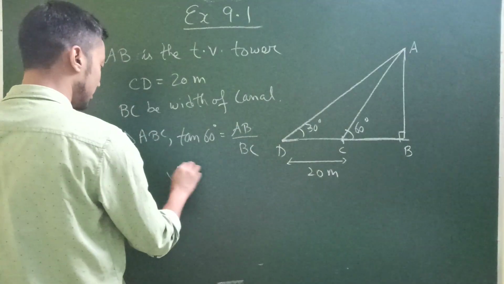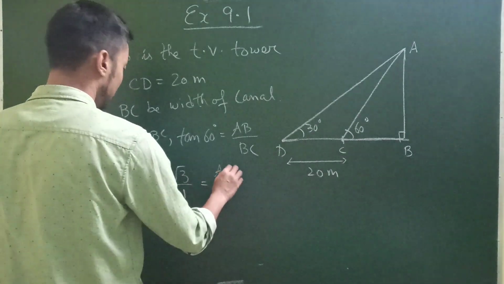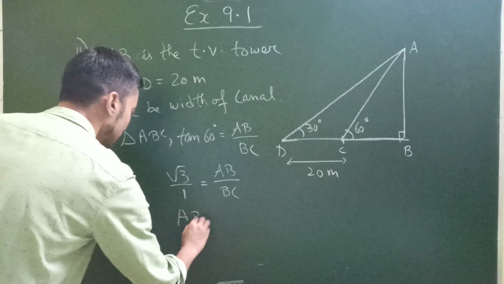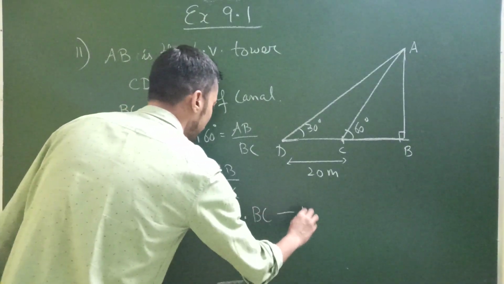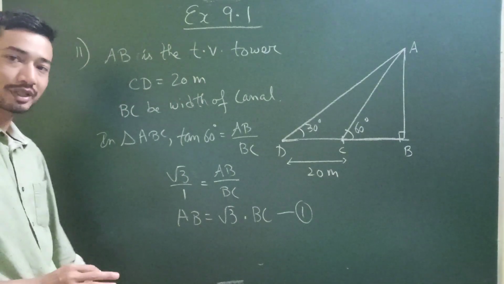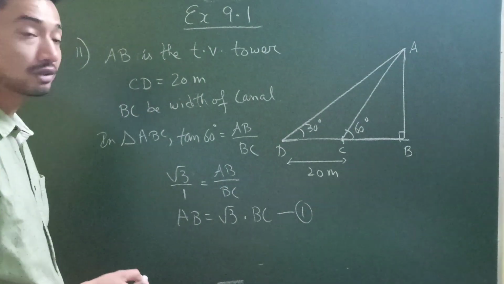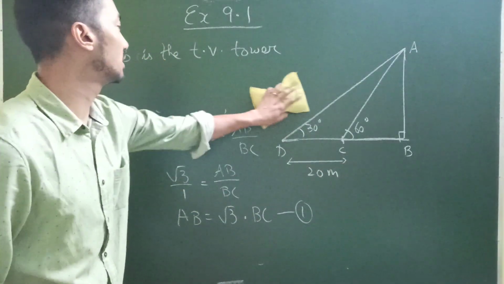Tan 60 is root 3 by 1. AB we don't know, BC also we don't know, but definitely we will get some solutions. AB will be equal to root 3 into BC. Let's keep it as it is, and mark it as equation number 1. Our target, remember, is to find BC. Don't worry, we will find out.